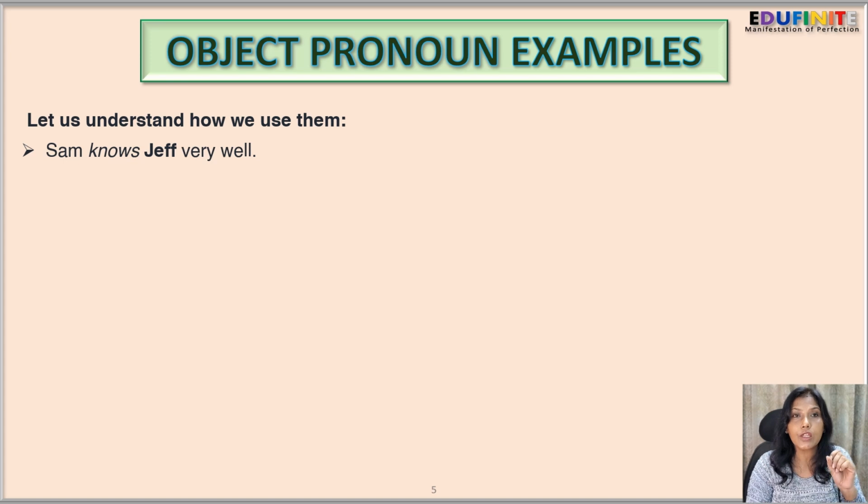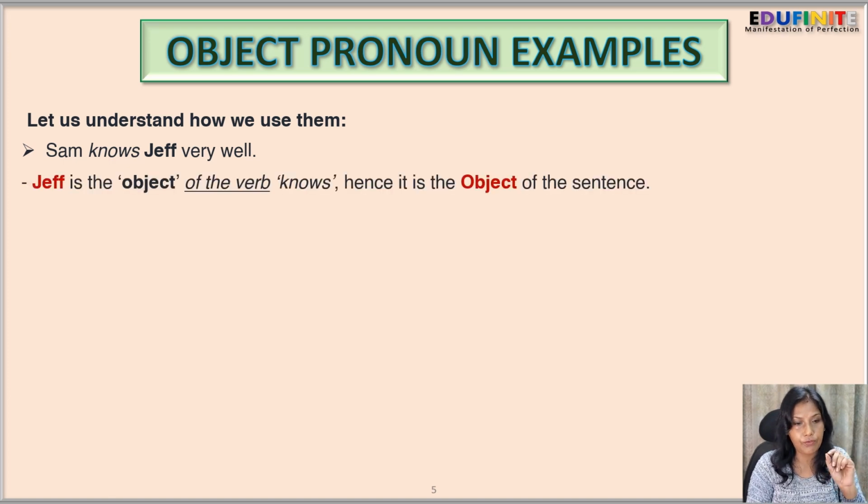Sam knows Jeff very well. So here the subject is Sam and the verb is knows. Whom does Sam know? Jeff. So Jeff is the object of the verb knows. Hence it is the object of the sentence.